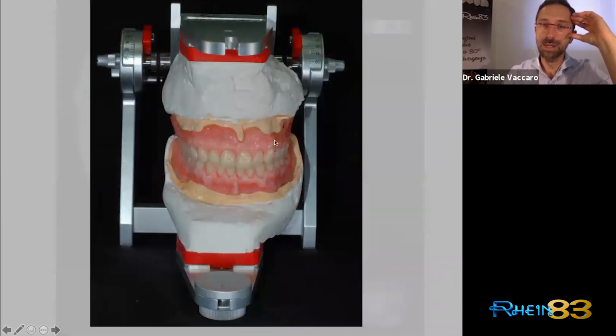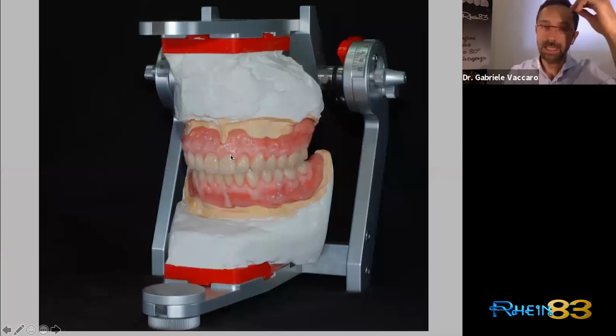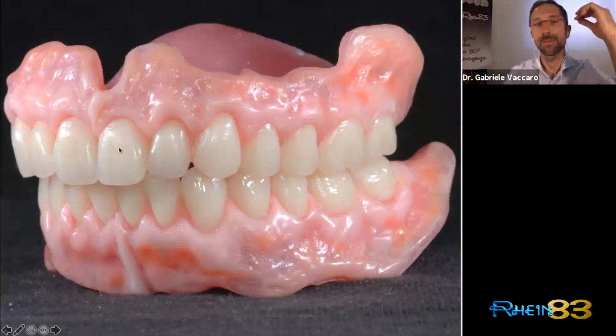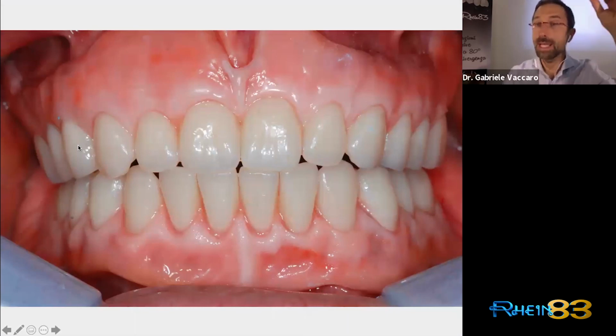This is wax, and we want to check the aesthetics of the denture in the patient's mouth with the wax and with the teeth mounted, because this must be the final result. The wax gives support for the teeth. We check the occlusion, vertical dimension, the aesthetics, whether the patient likes it or not, and the phonetics, whether everything is working well or not.